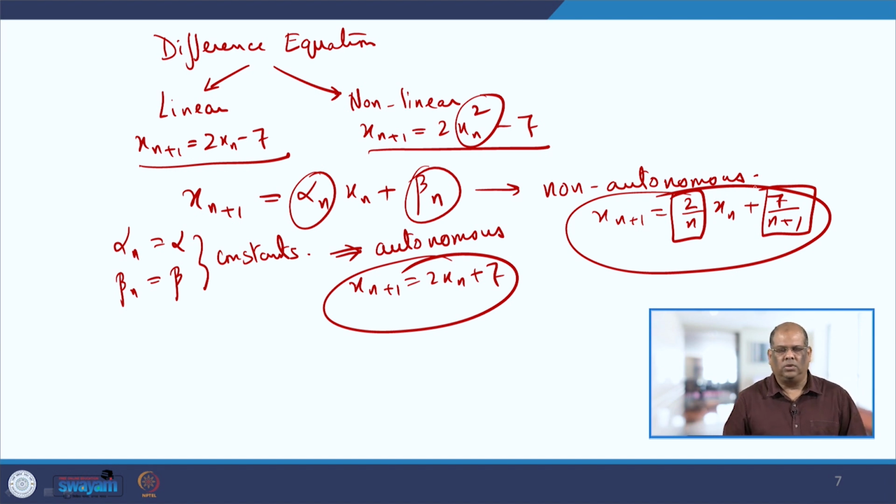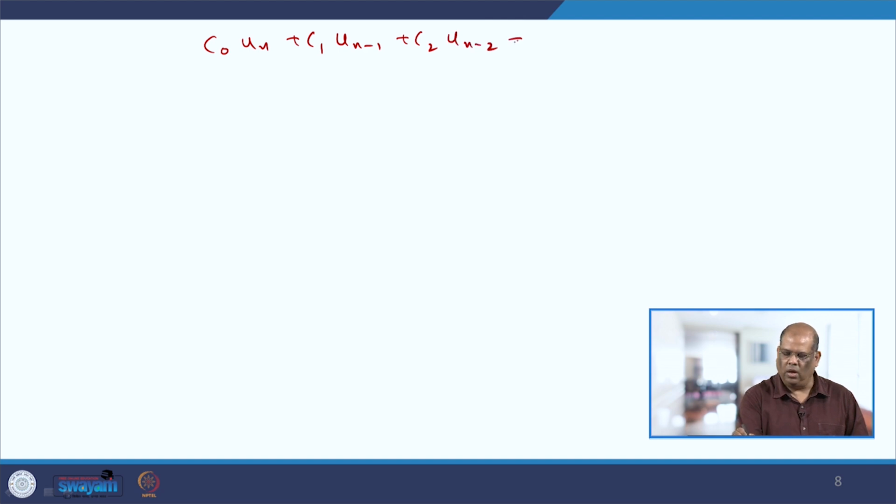Next, we solve two special difference equations which we will be requiring in our modeling of discrete cases. So, say it is C0 u_n plus C1 u_{n−1} plus C2 u_{n−2} equal to some F_n.